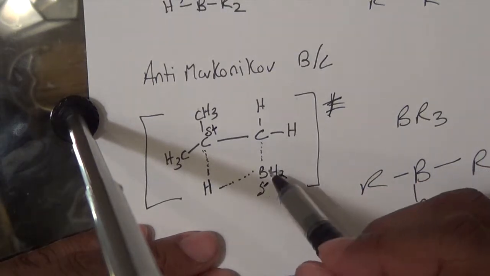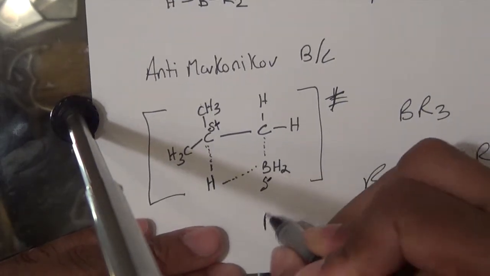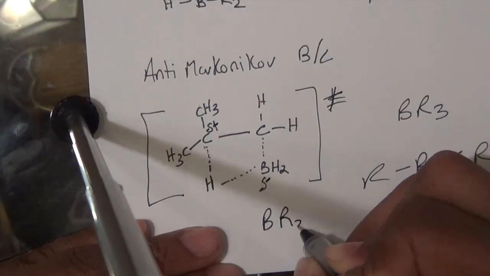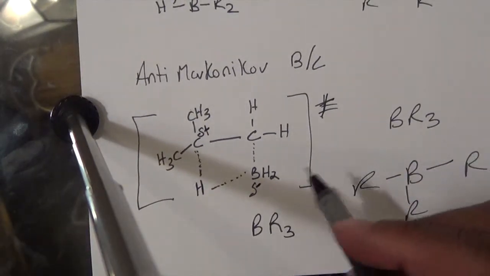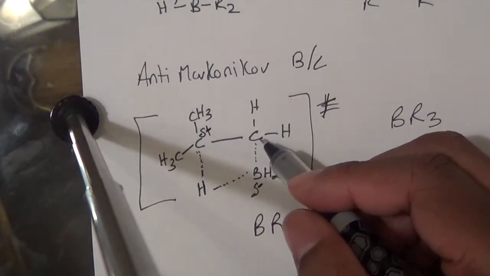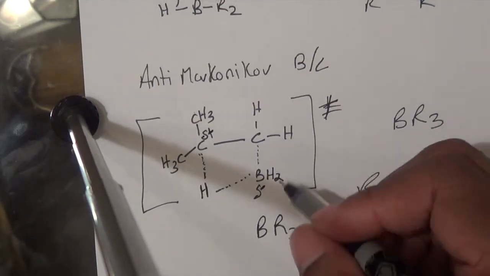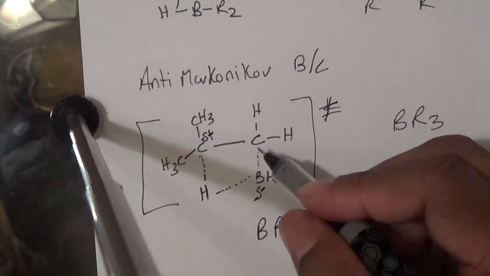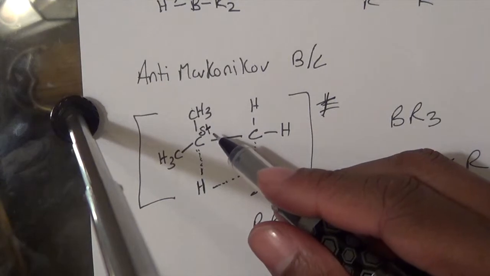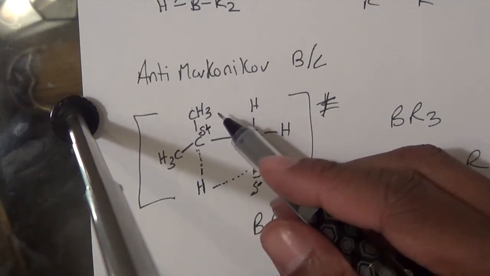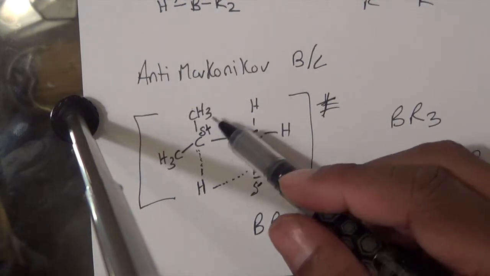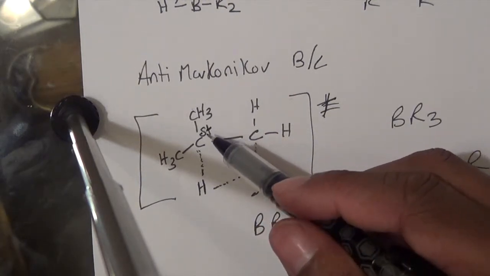So once boron comes with BR3, addition to the carbon with the fewer hydrogens is supported, as it provides support to the partial positive charge.